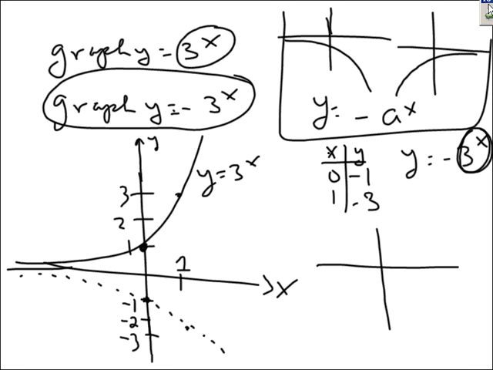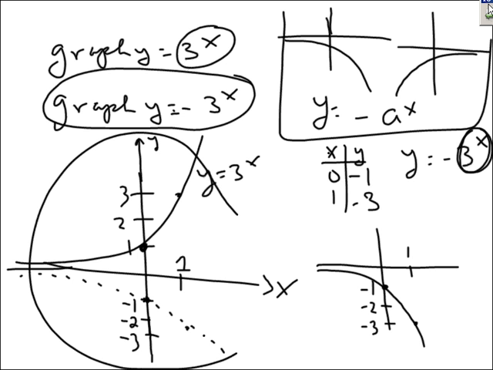So, when x is 0, I go down 1. And when x is 1, I go down 3. And there's your graph. Exactly what we got over here. We got the dashed one.